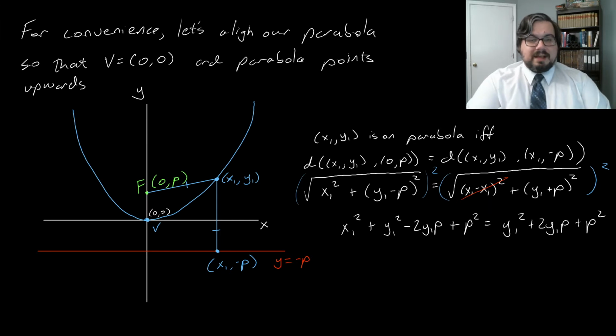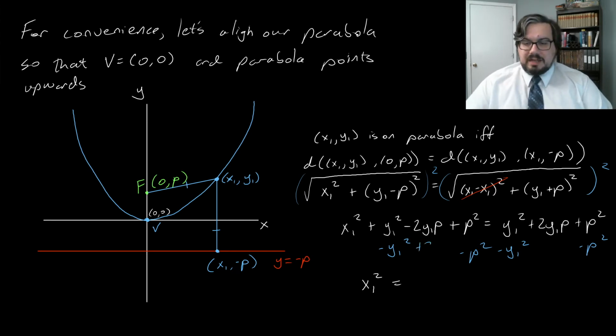Now, there's a lot of cancellation to be done here. We have a y1 squared on both sides. We have a p squared on both sides. And so what we wind up with is x1 squared is equal to, we also need to add 2y1p to both sides, 4y1p.